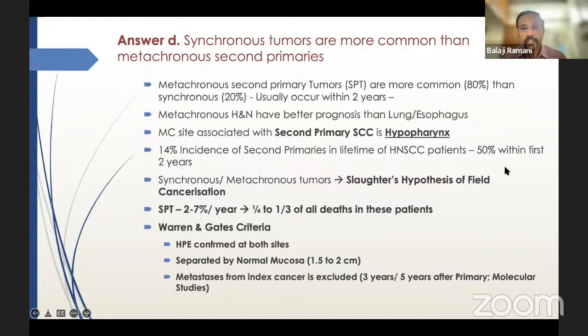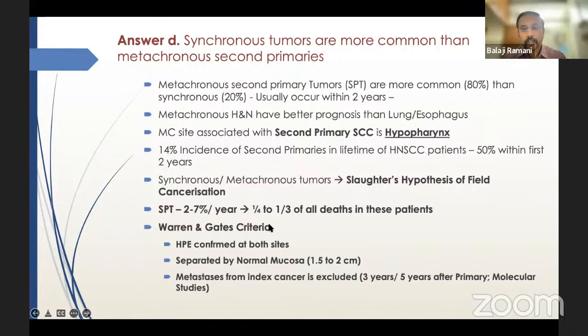Overall, the incidence of second primaries in the lifetime of a patient with head and neck cancer is around 14 to 15%, and the incidence is roughly 0.5 to 1% per year. 50% will happen within the first 2 years.